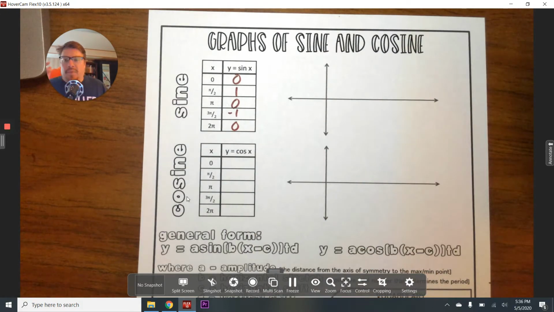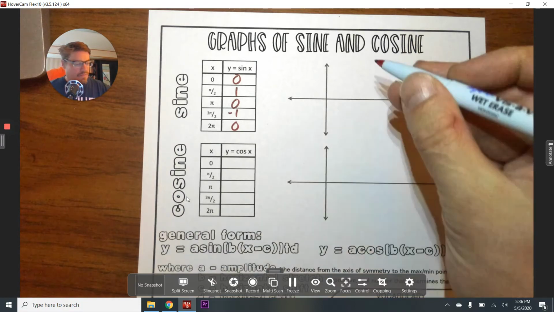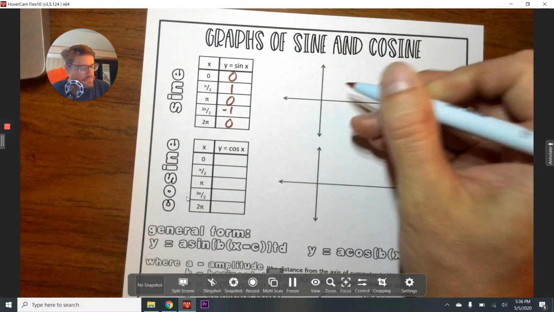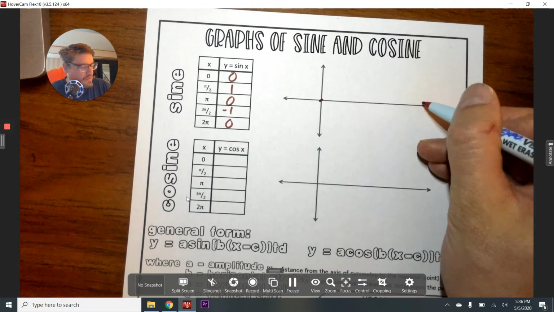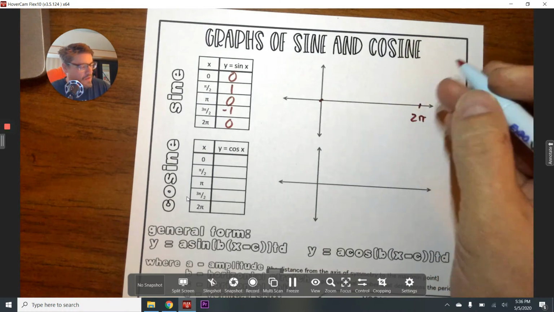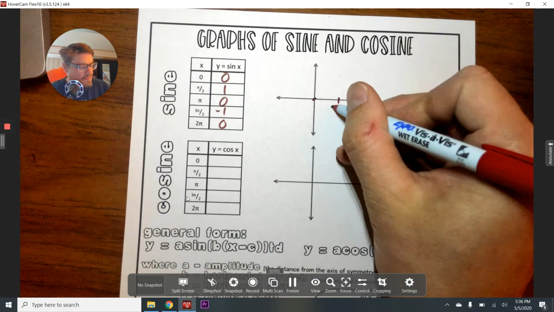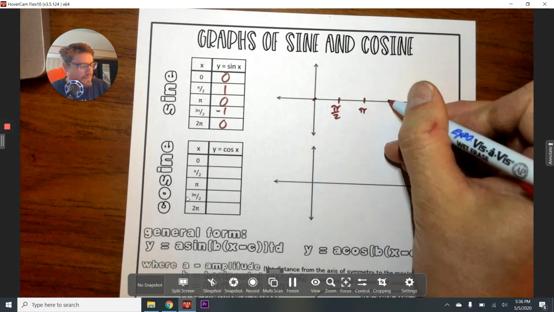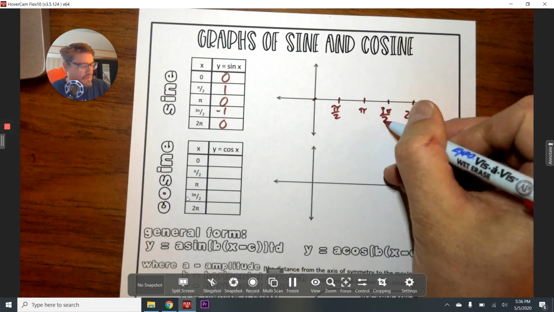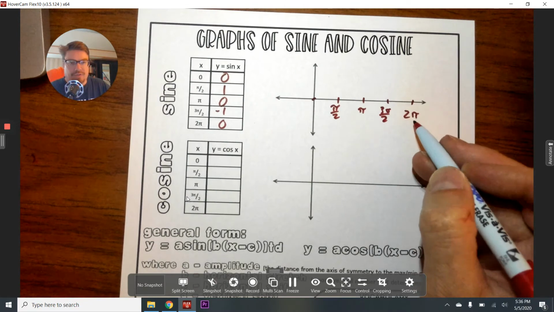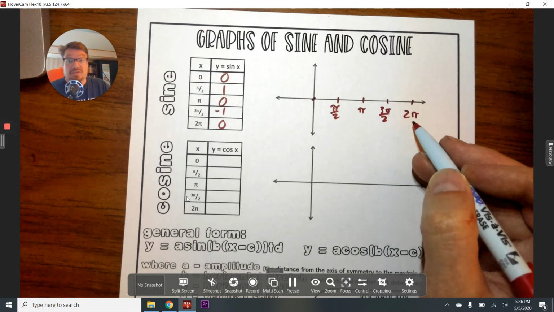So we have some points here. This is a function. So first of all, let's go from 0 to 2 pi. The middle of this is pi. The middle of that is pi over 2. The middle of this is 3 pi over 2. Because remember, this is 4 pi over 2, and 4 pi over 2 is just 2 pi.